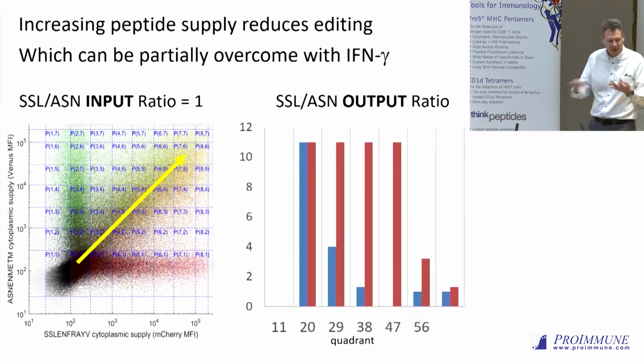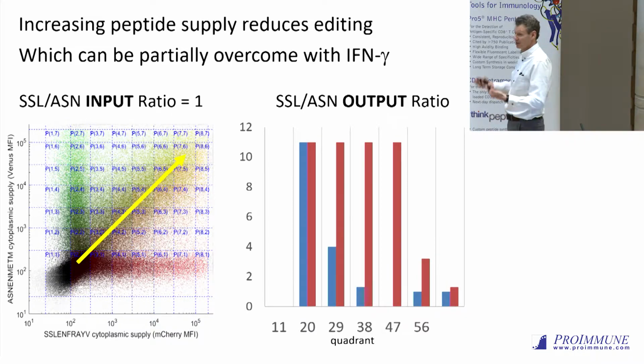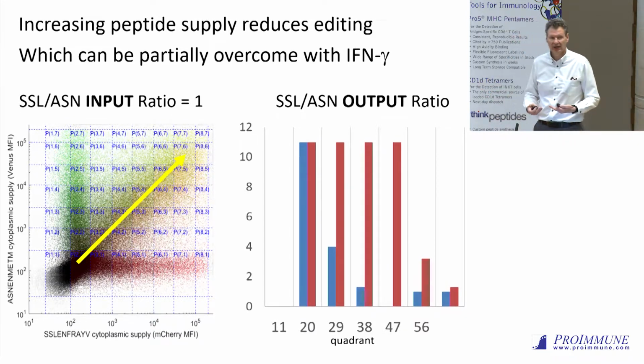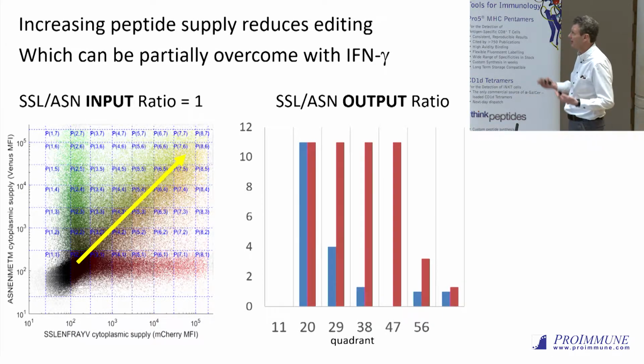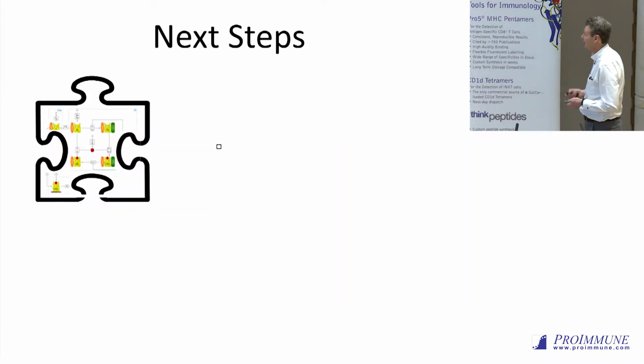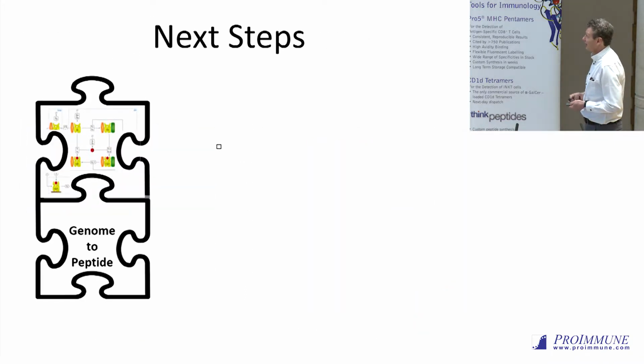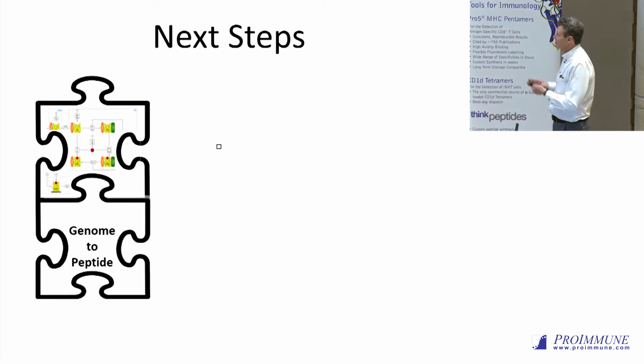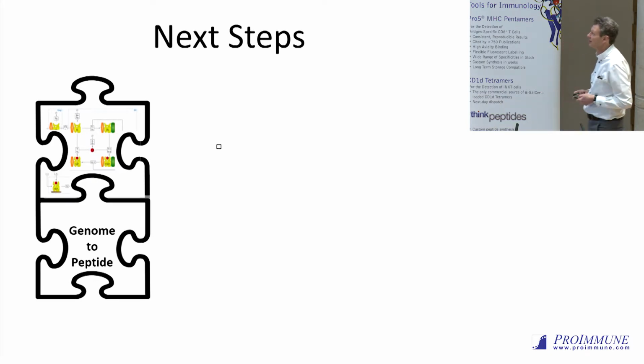So I pull those three examples together to illustrate why I think it's important to have a mechanistic model of peptide prediction, as well as our correlative models that we're all very familiar with. So I'm going to leave it there. Obviously, what we are working on is to extend the basic model here to include new molecules that we've discovered are important in this process, ERAP1 and TAPBPR, for example.